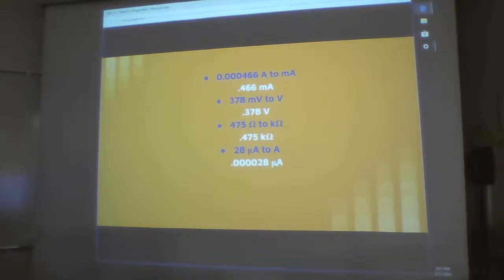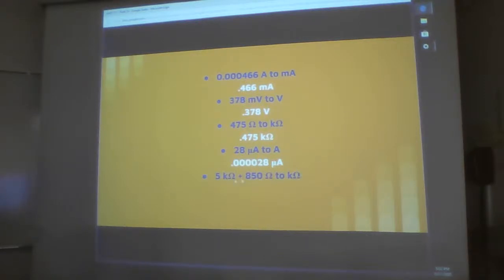This little micro symbol shouldn't be there. So that's how many amps are in 28 microamps. It's a lot easier to write 28 microamp than 0.000028 amp. If I can remember, I'll correct that before I post the slides tomorrow.